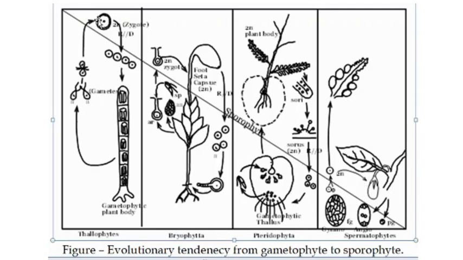When we move from thallophyte to bryophyte to pteridophyte to spermatophytes, we see that the predominance of the sporophytic part of the life cycle is increasing, and the gametophytic stage is gradually decreasing, and it is limited to some cells only, within the ovule, this megagametophyte and this pollen grain, which contains 2 or 3 cells merely.